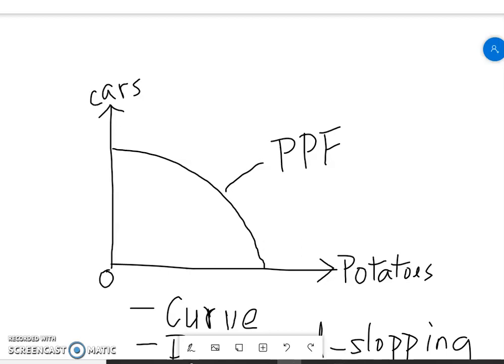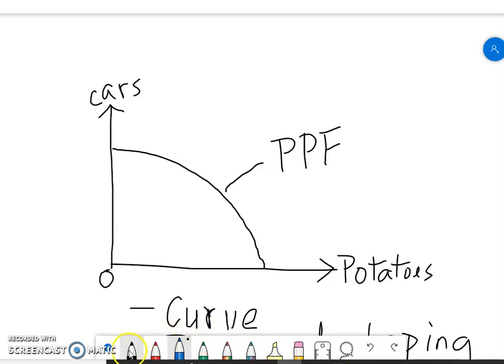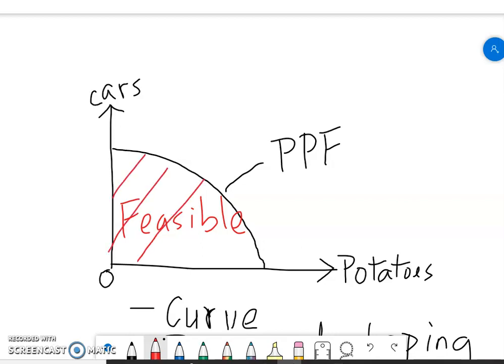This closed area tells us what this economy can produce. In other words, this is feasible. For the given amount of resources, it can be produced. Everything below the PPF is feasible.